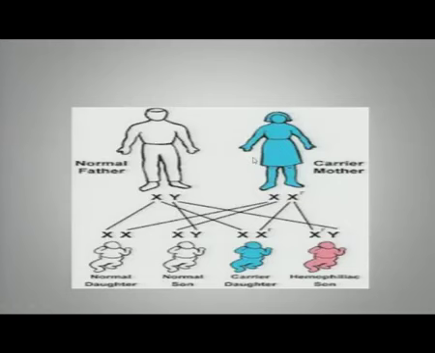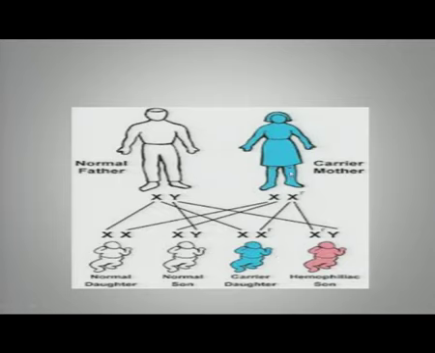Here the same condition you can see in this diagram. Male normal and the female is carrier mother, and among the progenies the possibilities are normal daughter, normal son, carrier daughter, and this is the affected son.